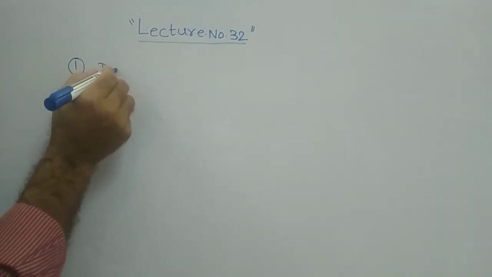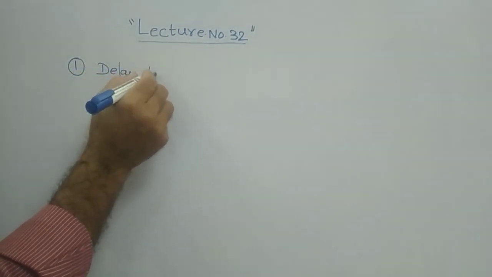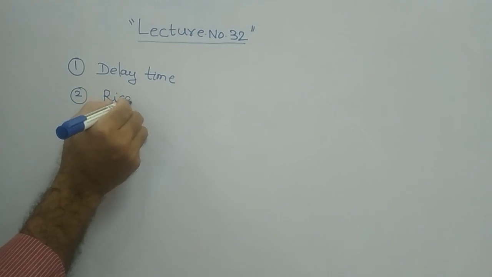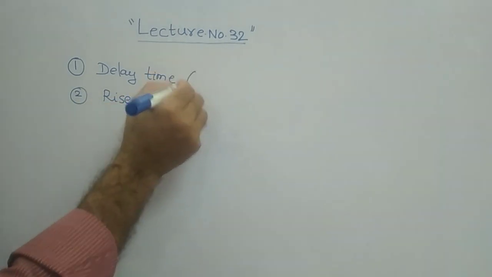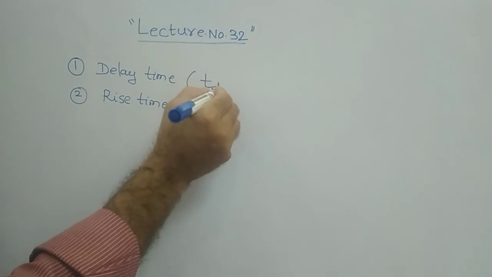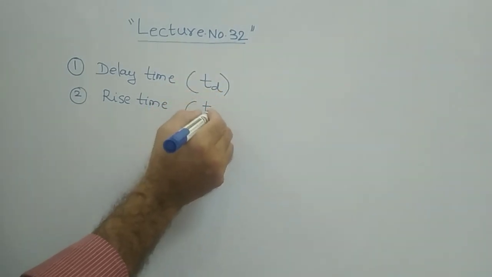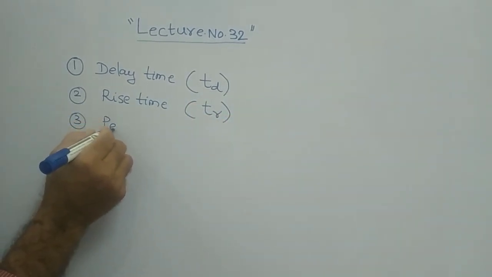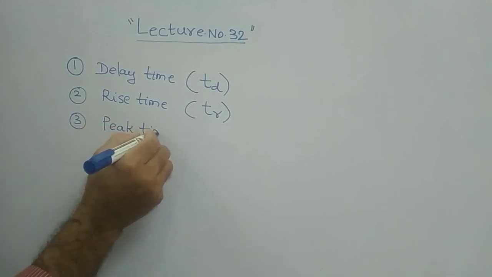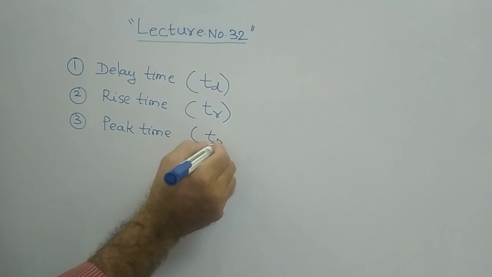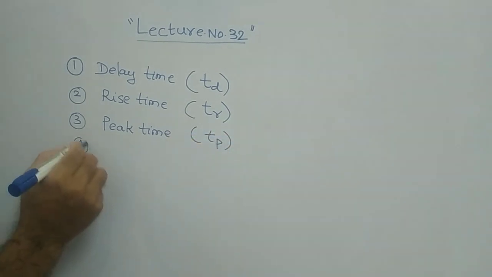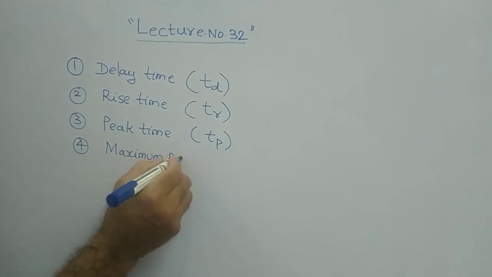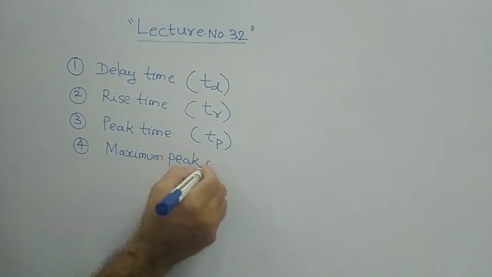delay time, T suffix D, and then the second one is rise time, T suffix R, and then the third one, the peak time, that is T suffix P, and the fourth one is maximum peak overshoot.